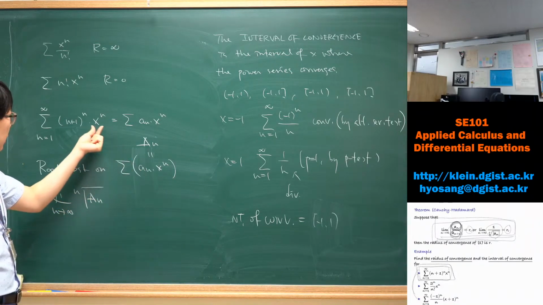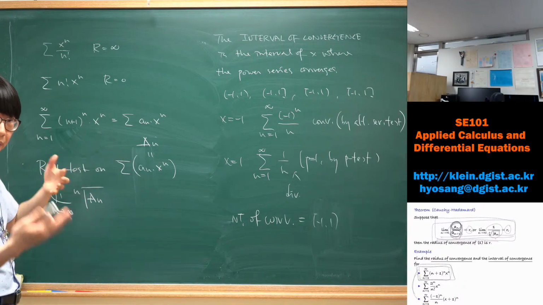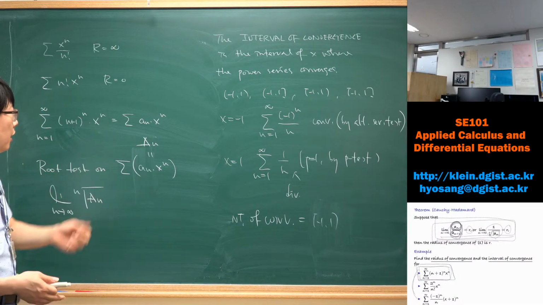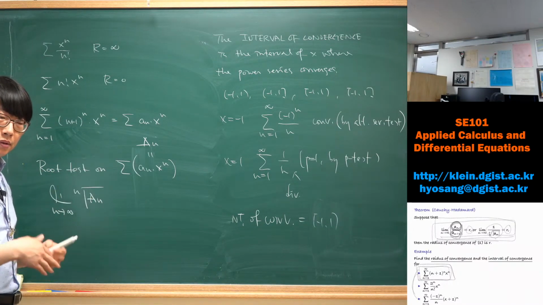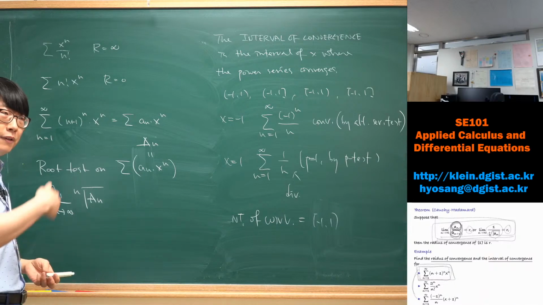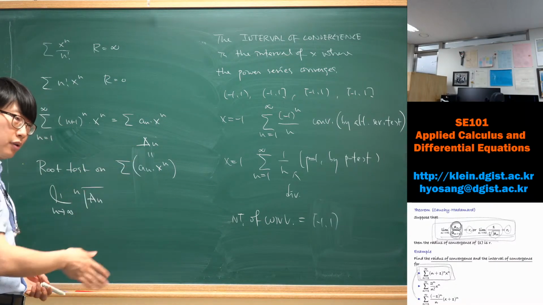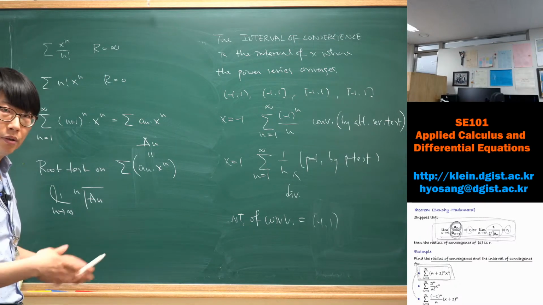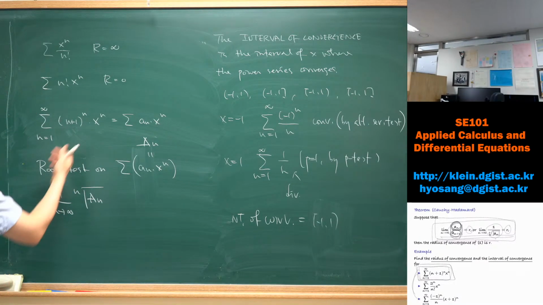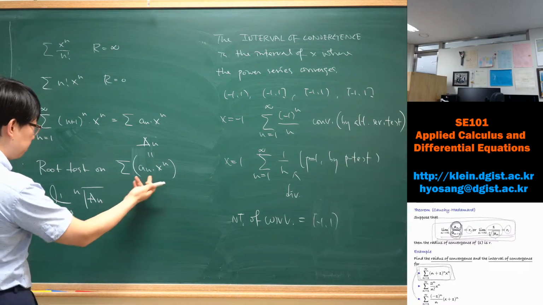However, I can take x as a positive number at first by fixing x as a positive number, and then by the characteristic of the power series, if it's convergent on the positive side of the center, then it also converges on the negative side of the center. So I can safely assume that this x is positive for now.